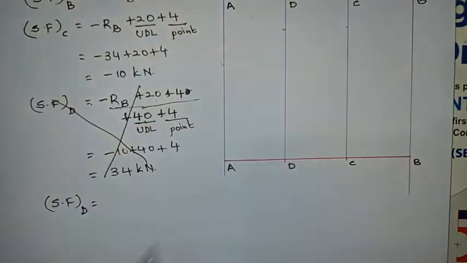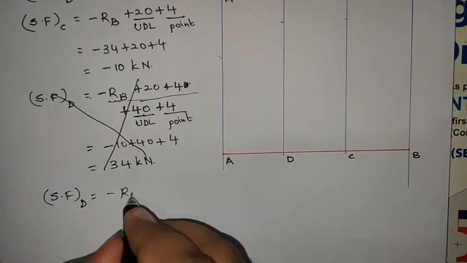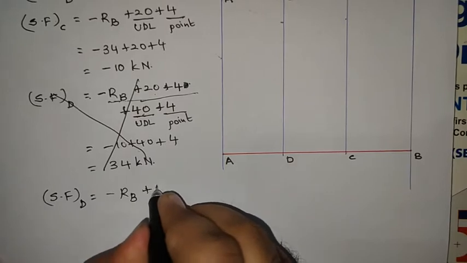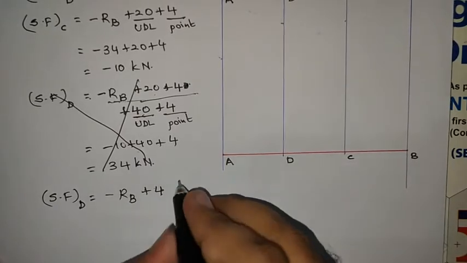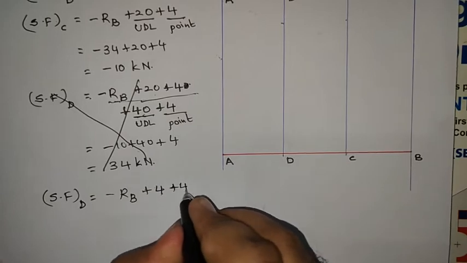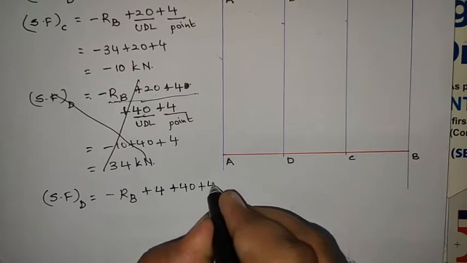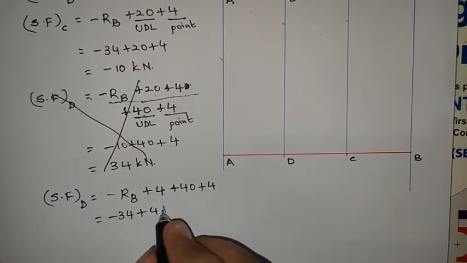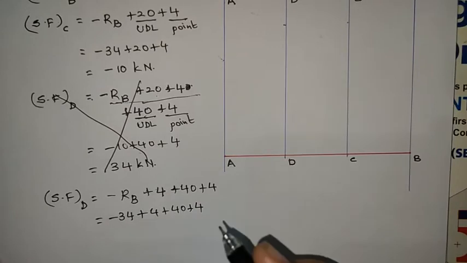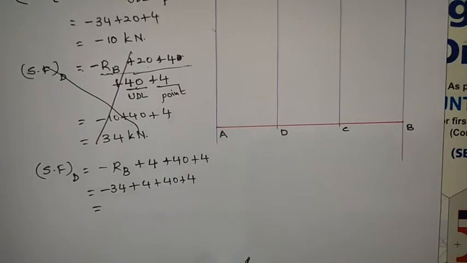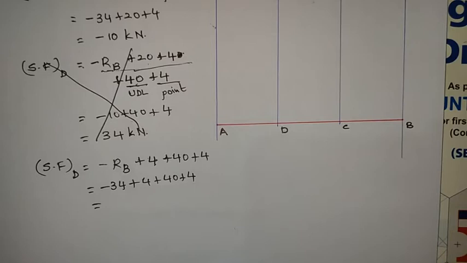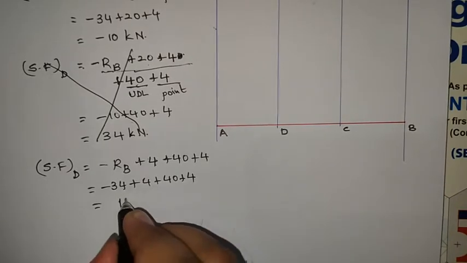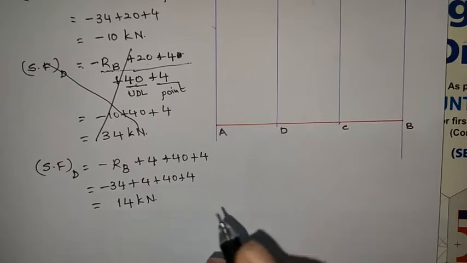Now write them: minus RB, next plus 4, next plus 40, and next plus 4. So minus 34 plus 4 plus 40 plus 4, this equals 48 minus 34, 14 kilonewtons.